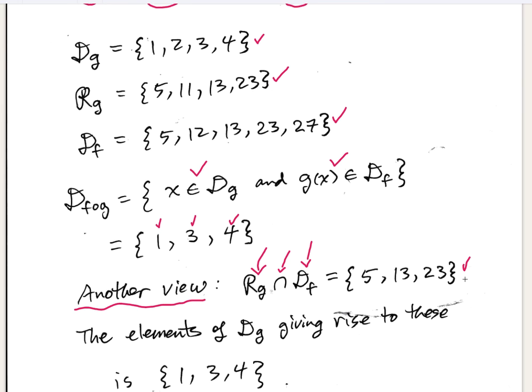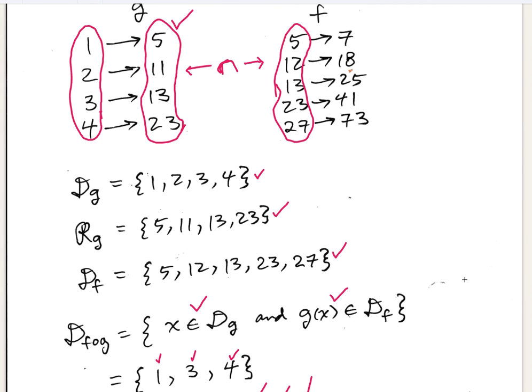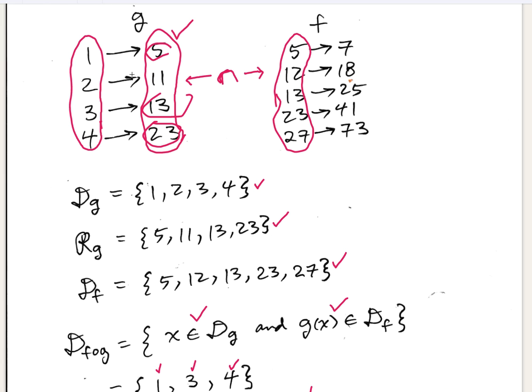Now, to find the domain of f composed with g, I'm just wondering which elements of g give rise to 5, 13, 23. And the answer is 1, 3, 4.